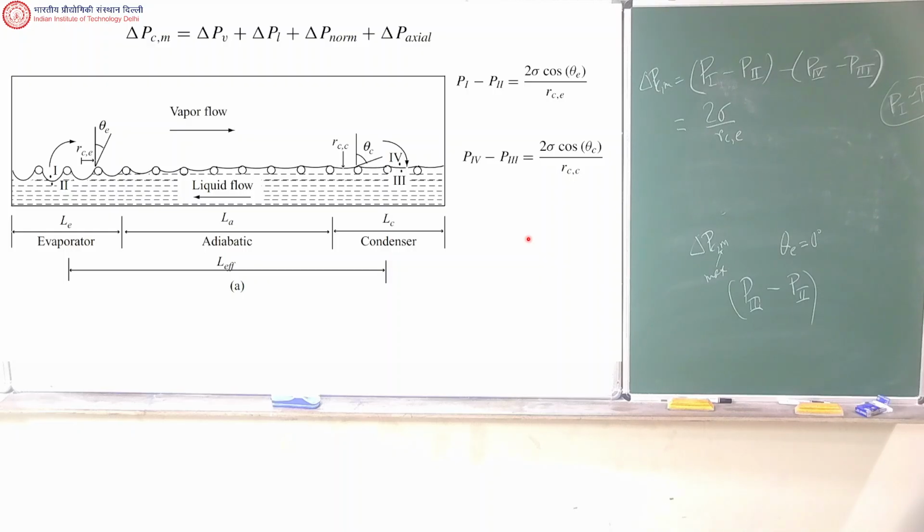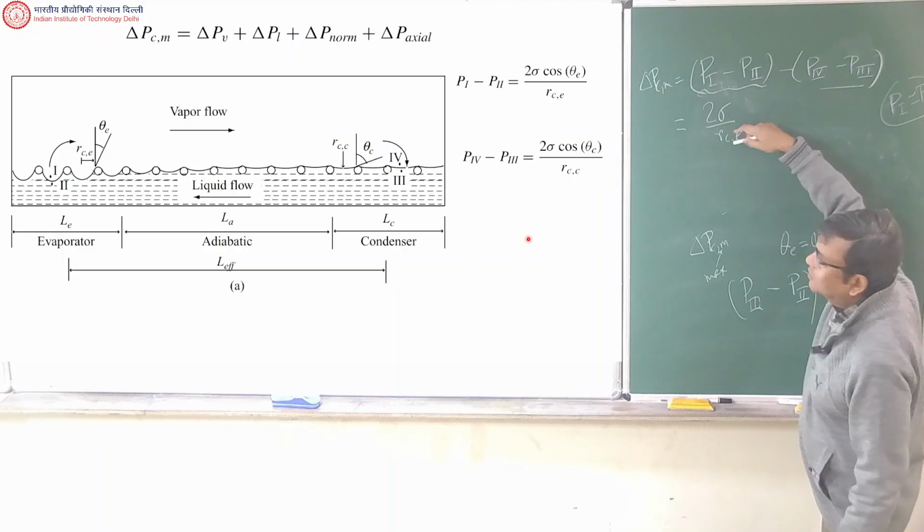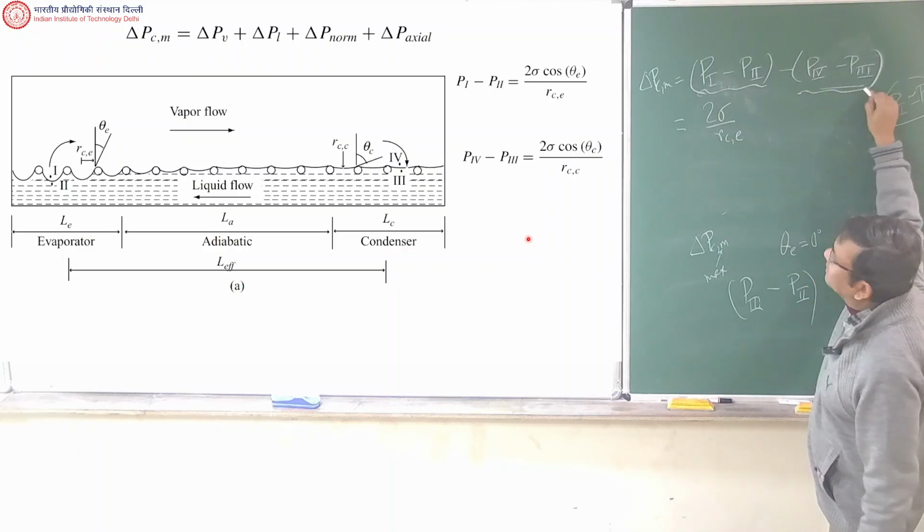And what about the second term, P4 minus P3? P4 minus P3 is this thing. So we would like to minimize this, isn't it? Because this first term we have maximized. So we'd like to minimize the second one.